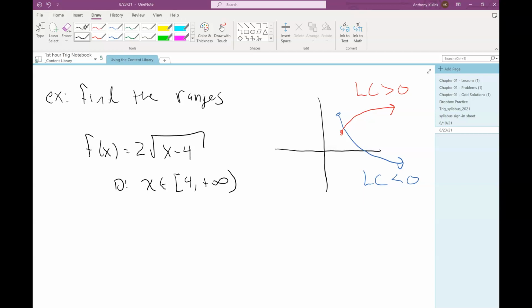If my function is increasing, let me just write a little bit of a note here.